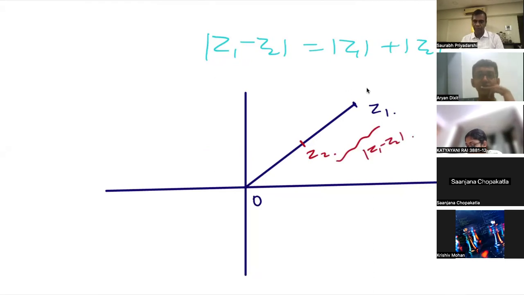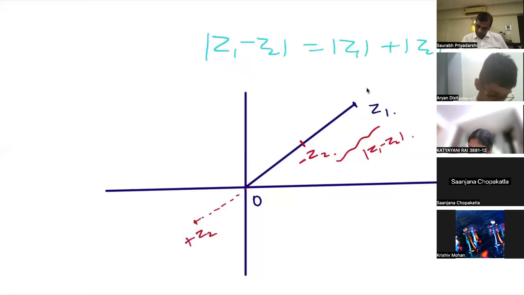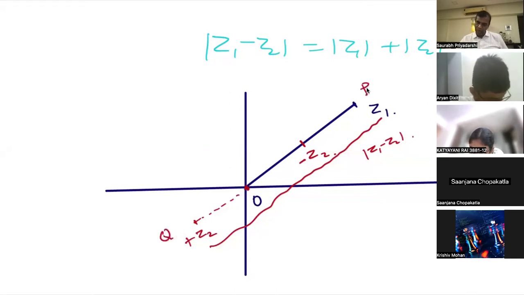If I take the reflection of Z1, this will be minus Z1, or minus Z2. If I'm taking this as Z2, this will be minus Z2. So we have to stretch this length to this. Now I can say this length from P to Q is Z1 minus Z2.